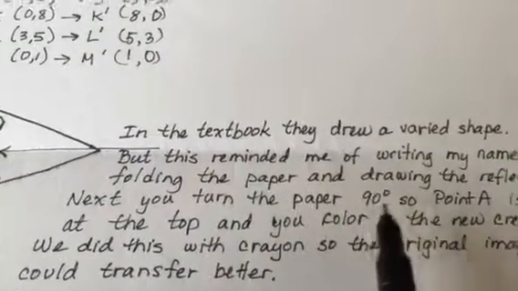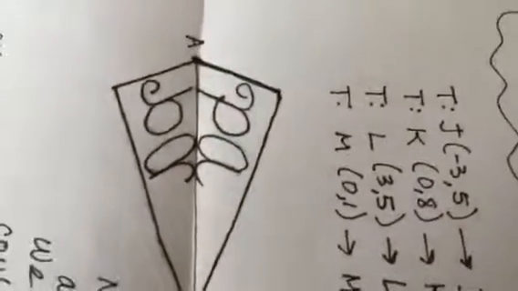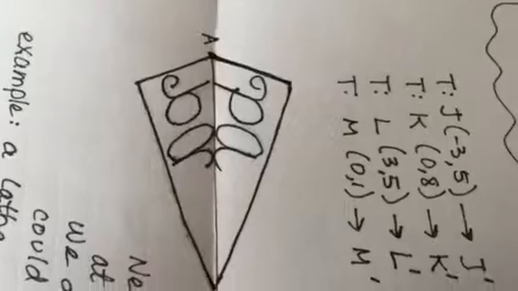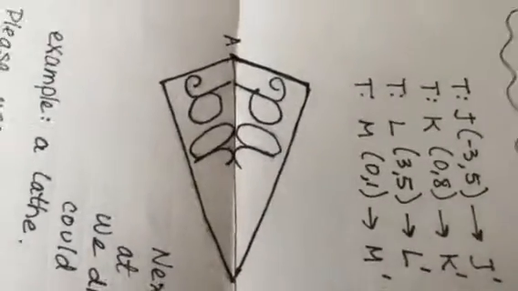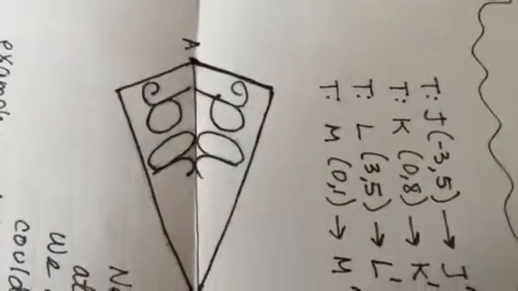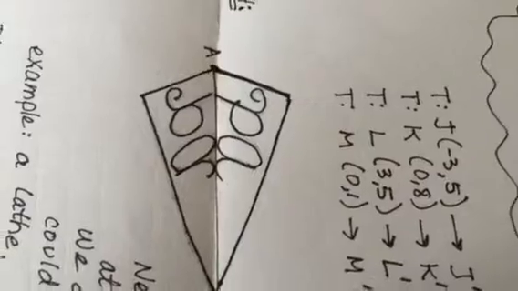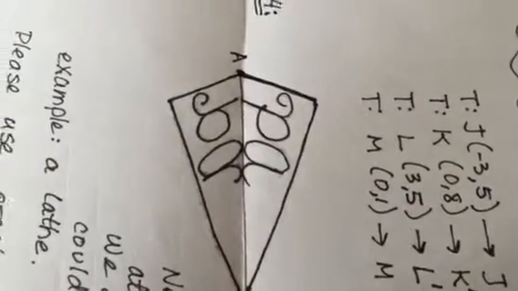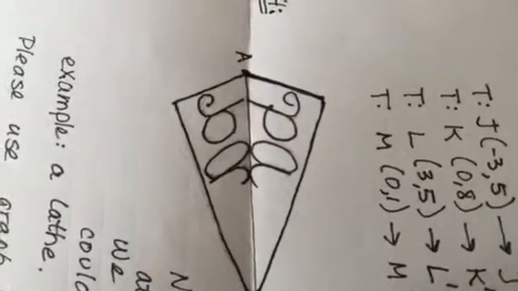Next, you turn the paper 90 degrees so point A is at the top. And then you have an interesting new picture, if you will, that you can color in many different shapes. You can turn it into an antenna or eyeglasses or anything that you see in it. And that is an example of reflecting upon another horizontal line.